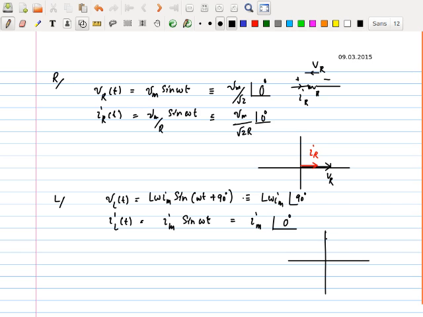So this is VL, which has an angle of 90 degrees, and this amplitude would be basically L omega times Im. Now you realize, if your inductance L is not changing, and Im, the maximum value, is not changing, in the equation this magnitude can change with the frequency. You realize it changes with the frequency.